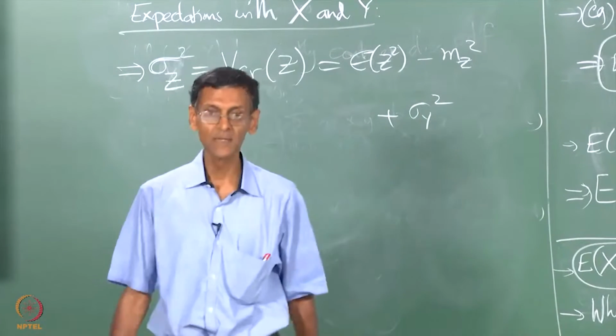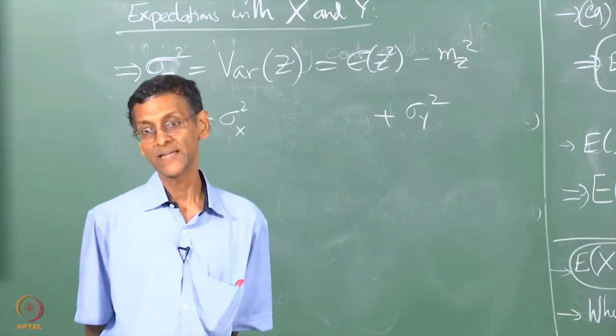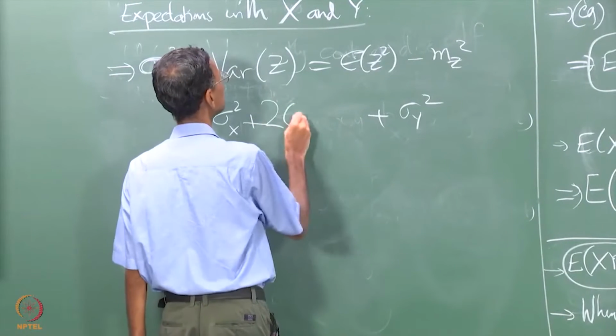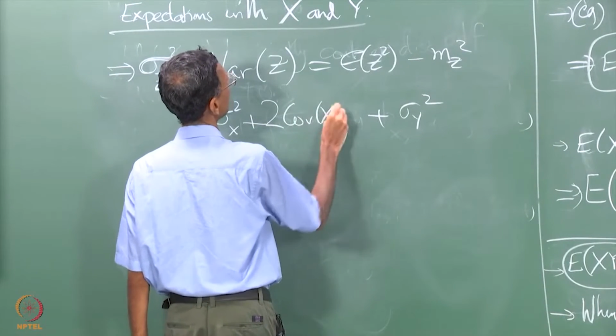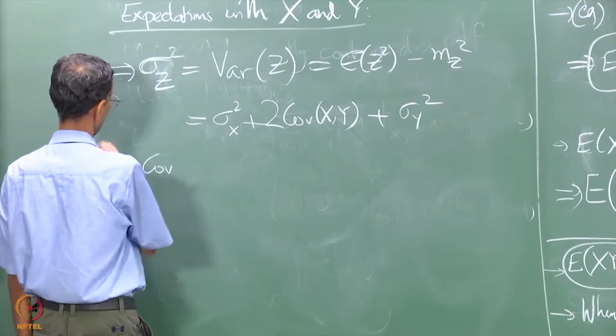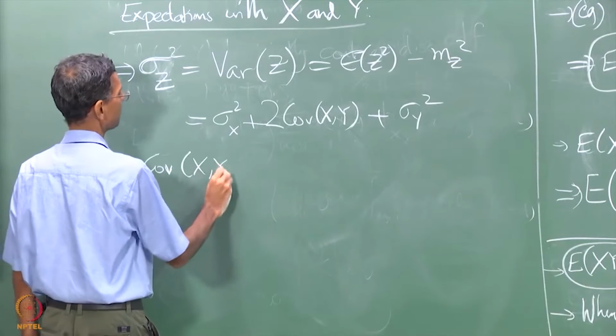What is the term in the middle? The term in the middle is called the covariance, twice the covariance of x comma y. So if I write this as 2 COV x comma y, where this covariance of x comma y is what? Tell me.